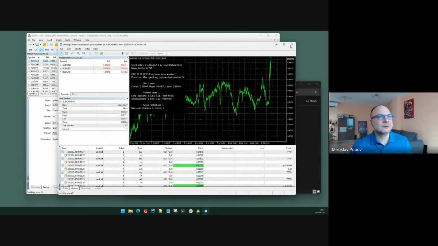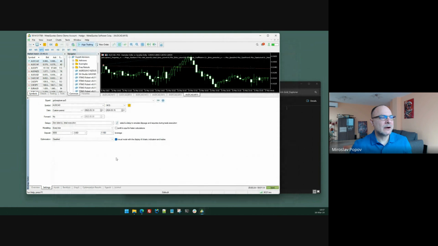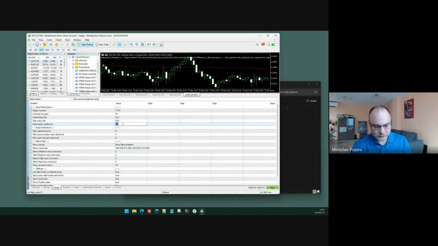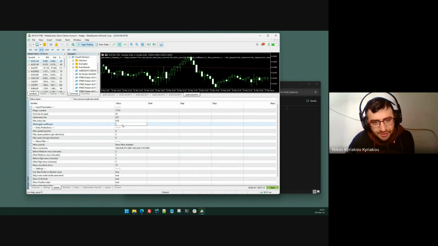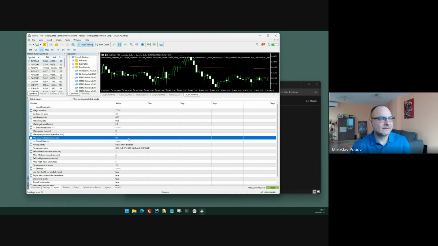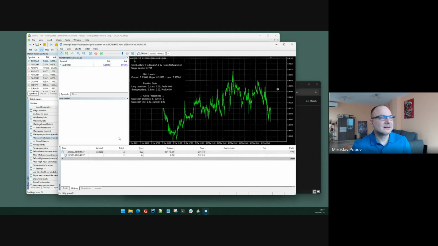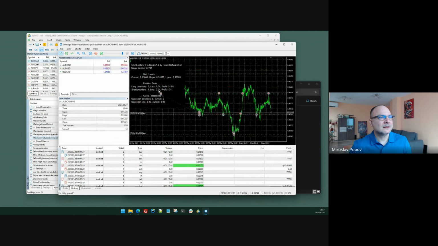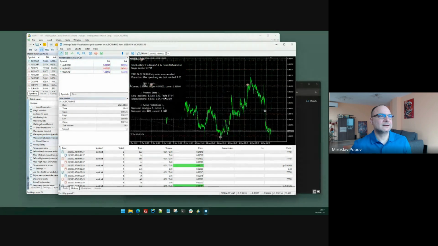So what we will do? I will increase the martingale coefficient, I'll make it more or less 2.0, and here we will limit the loss to 0.1. Let's see it.